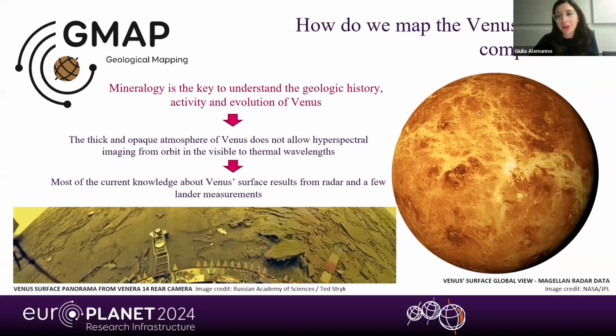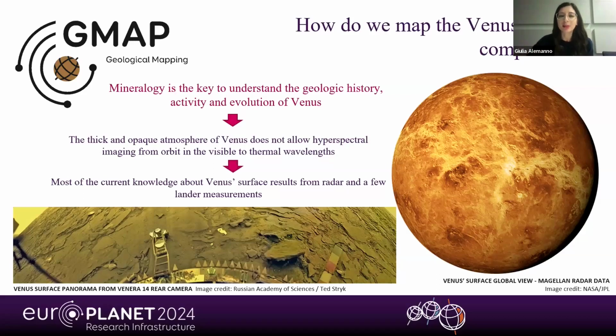However, as Ivan and Lucia already told you, Venus has a really thick and dense atmosphere. And so unlike other planets of our solar system, like Mars or Mercury, for Venus we cannot do hyperspectral imaging from orbit to study the Venus surface in the visible to thermal wavelengths.